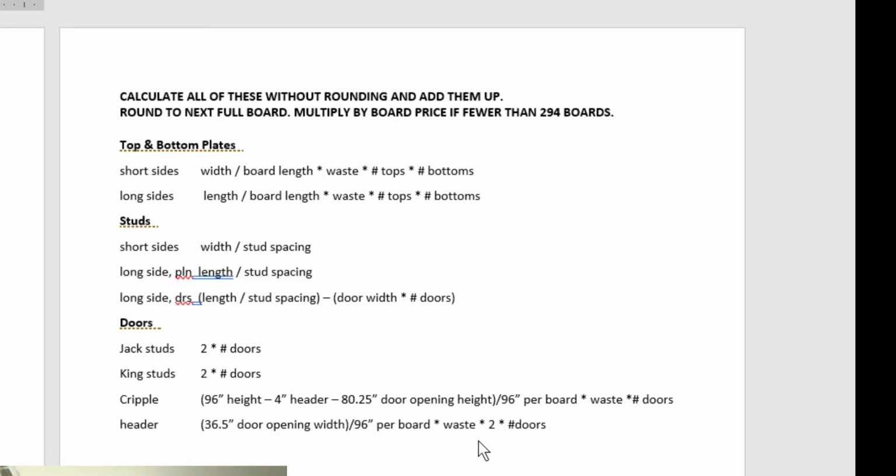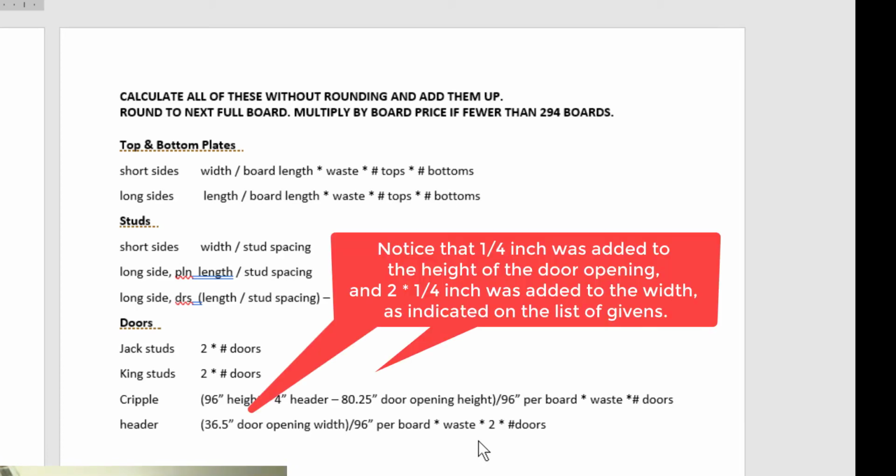And you can see that there are really 3 sections to framing a room. There's the top and bottom plates, the studs, and the doors. And the doors are the most complicated, as you can see. And it's really just geometry. It's not complicated. There's just a lot of moving parts.